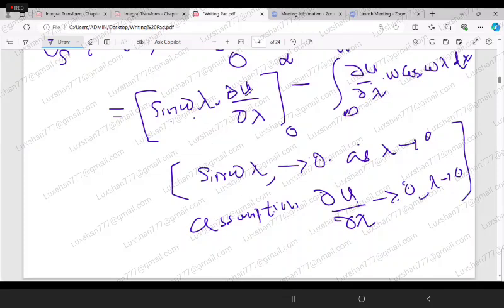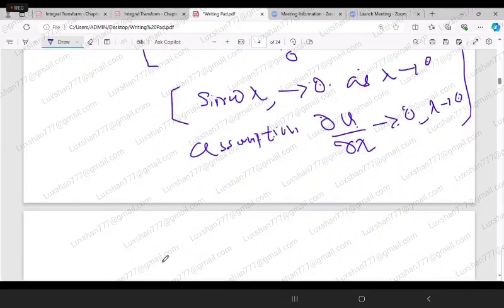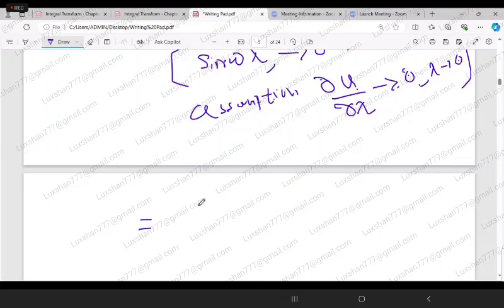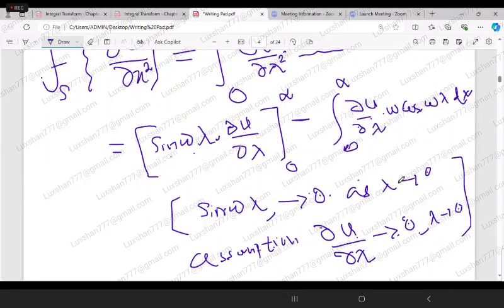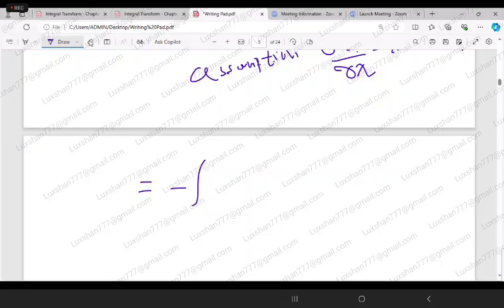So with that one, this part becomes 0. Therefore, finally, this one boils down to minus omega, since there is omega here, I am taking the omega also out.